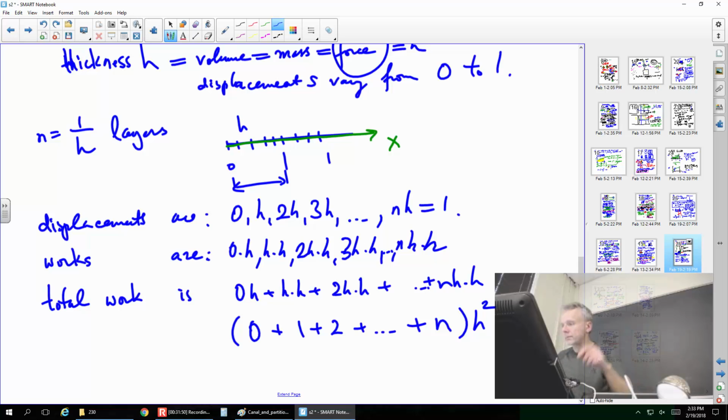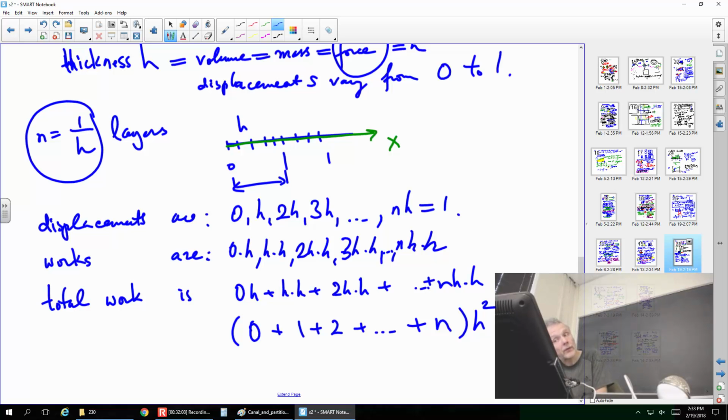Okay, so in order to finish this, I will need to get rid of either n or h. I think I will get rid of n, because n and h, as you can see, are related to each other in that manner.